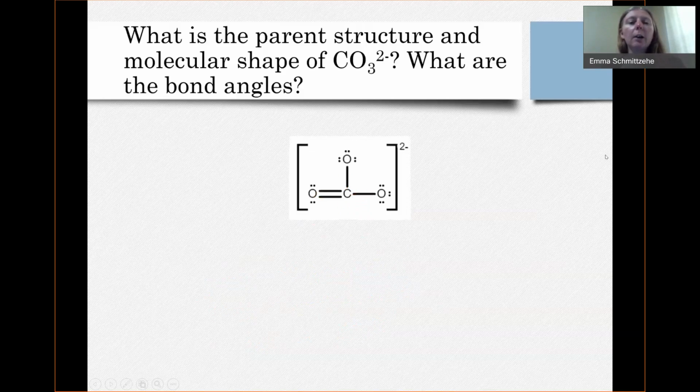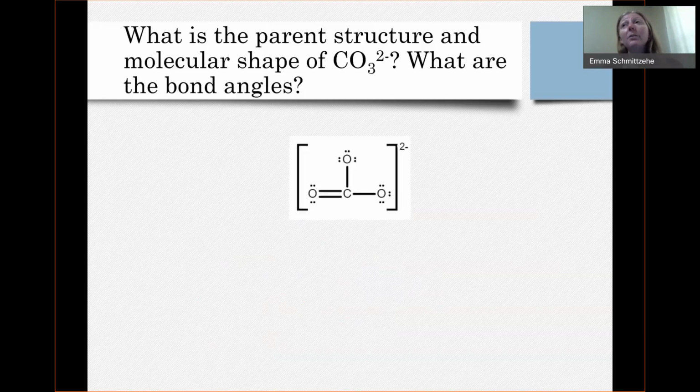Next, we've got carbonate ion, so CO3 2-. Now this one actually has resonance structures, but it doesn't matter. The nice thing about VSEPR theory is you can use any valid Lewis structure. So even if there's resonance structures, you just need one of them, okay?